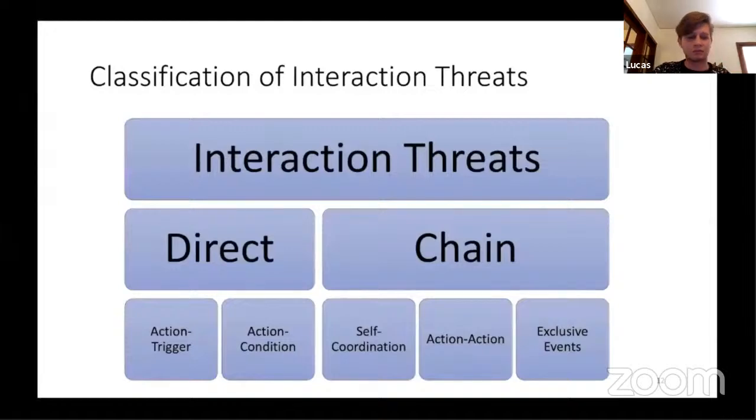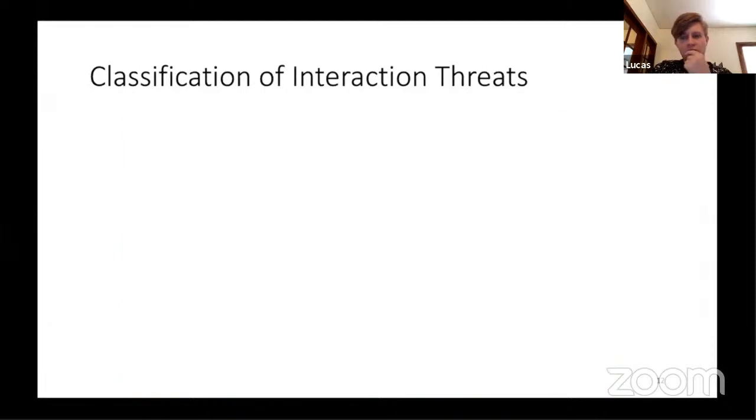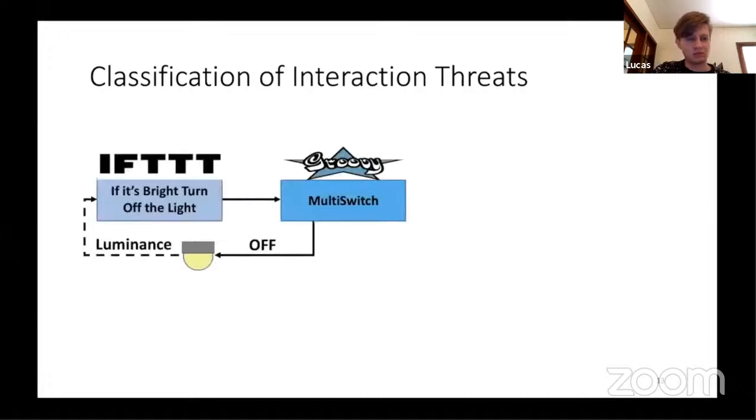We identified two major interaction threats: direct interactions and chain of interactions. And under each category, we identified a subset of interaction threats. So in total, we identified 5 types of interaction threats. We formalized those interaction threats in our paper. You can find the details. But here for the presentation, I'll be focusing on the interaction threats that I'll be showing you here based on our illustrative example.